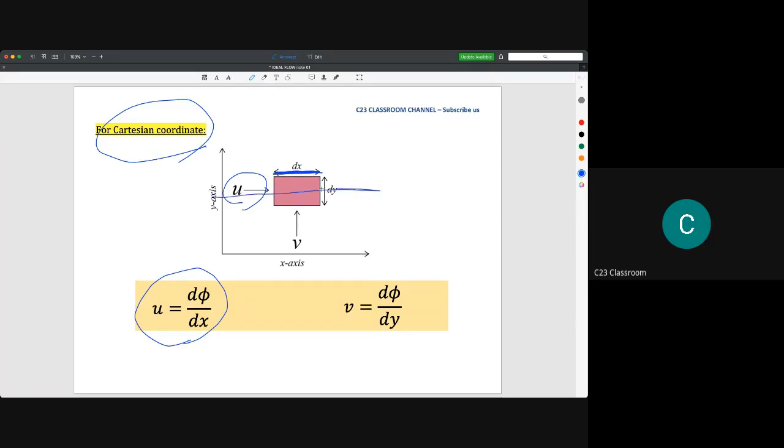We imagine that this is the velocity and this is the distance traveled. And v is d phi over dy, so this is the direction of v and this is the distance traveled by the fluid. There are no negative or positive signs here because this is not reflecting the real situation. This is an imaginary line.